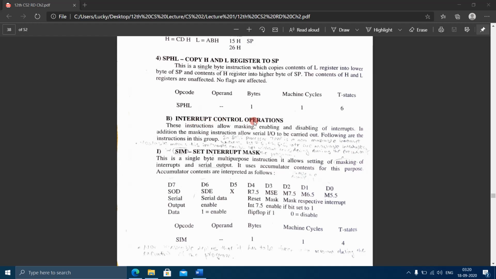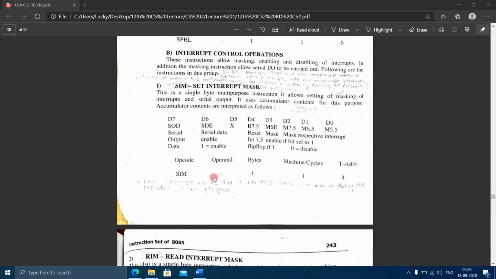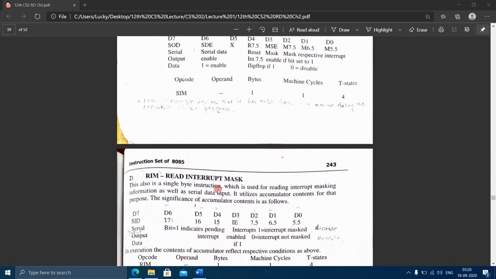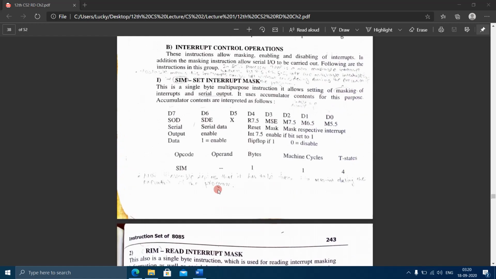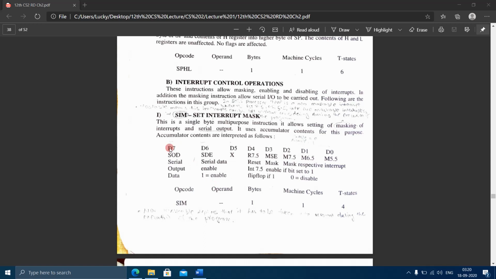We had an overview of the SIM instruction and the RIM instruction in the previous lecture. We were trying to understand what each bit of the accumulator means when we deal with the SIM instruction. SIM, set interrupt mask, is used to give the serial output.